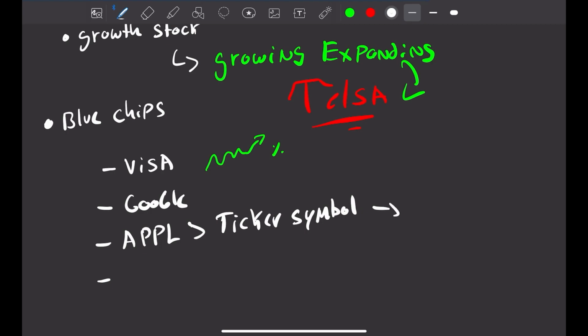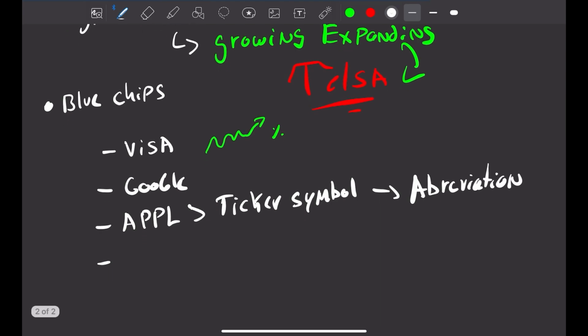Each stock has a little code in the stock market, and their ticker is just an abbreviation of the stock. So in this case, for Apple, instead of writing the word Apple, it's AAPL. And for Google, I believe it's GOOG, and for Tesla it's TSLA, and so on. So a ticker symbol is just an abbreviation of the stock, simple stuff.